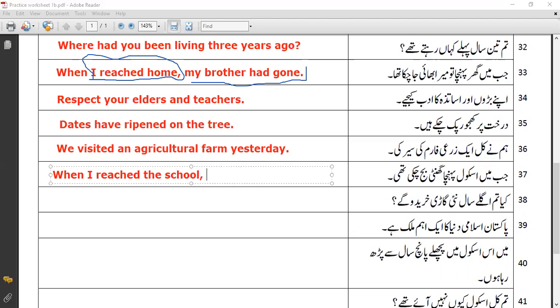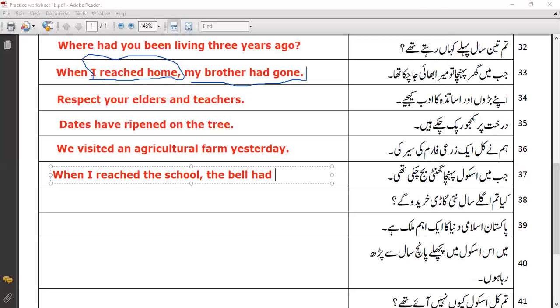घंटी बज चुकी थी. Okay, ring, rang, rung. The third form, or the past participle form of ring. So the bell had rung basically, or we also use the word gone for this.